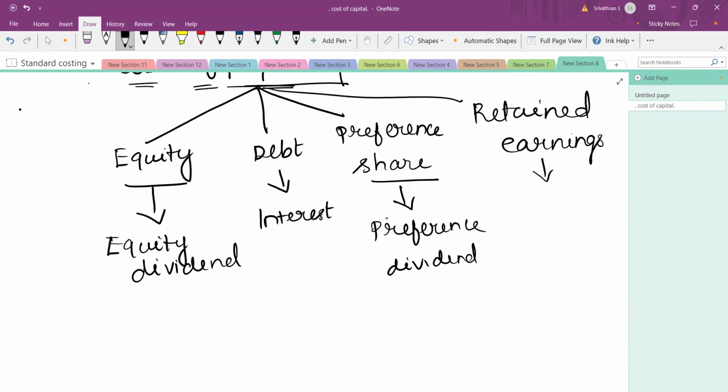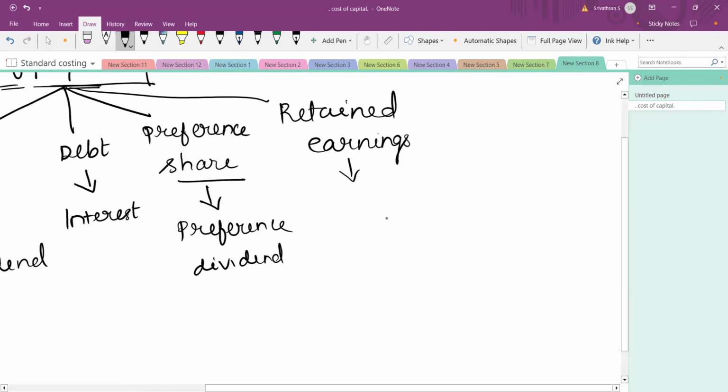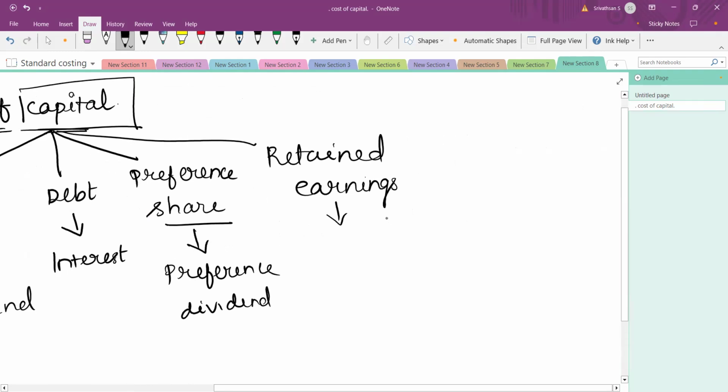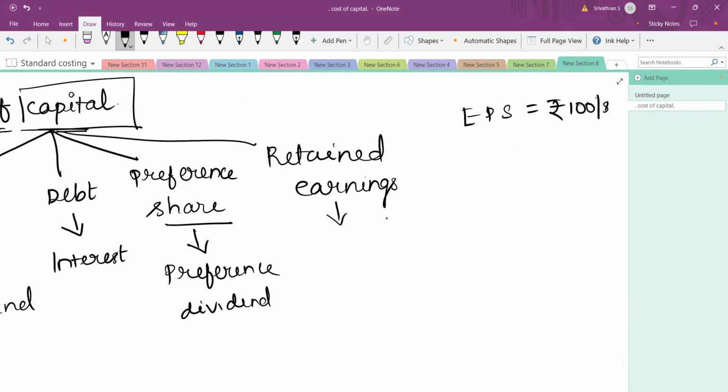And retained earnings is an internally generated source of funds. So there is an argument that since it is an internally generated source of funds, there is no cost associated with retained earnings. But this argument is wrong. Why? Because, for example, let's say EPS of the organization is, EPS is nothing but earnings per share, rupees 100 per share.